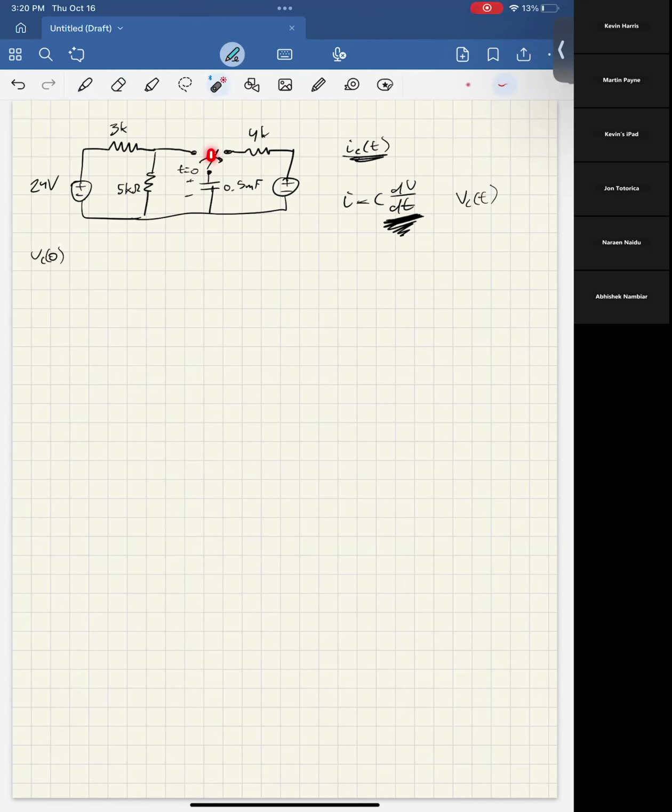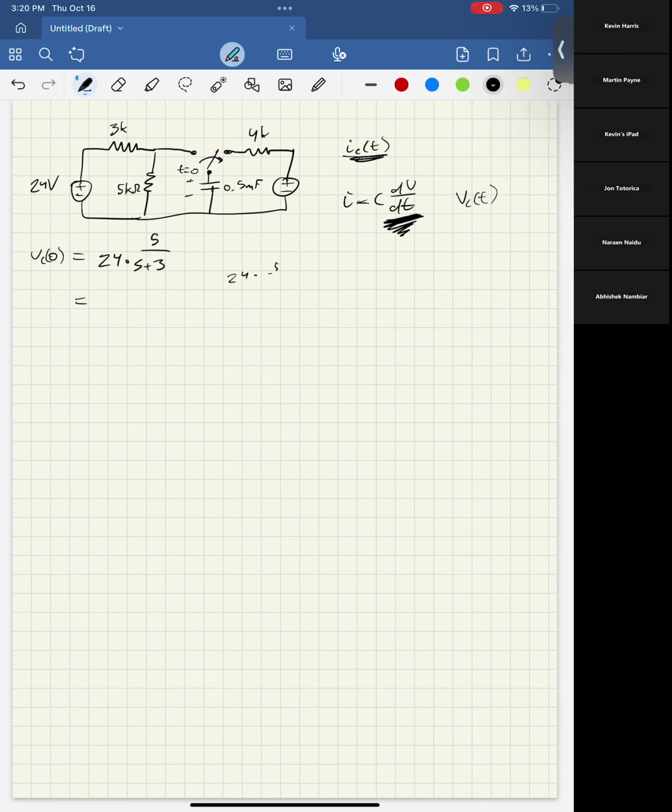And then this is an open circuit, right? And it's connected here and here. This is just a voltage divider. So Vc of 0 is just going to be 24 times 5 over 5 plus 3, which is 5/8 of 24, which is something. I should be able to do that because 24 is divisible by 8.